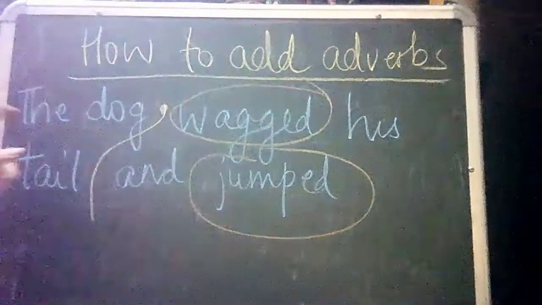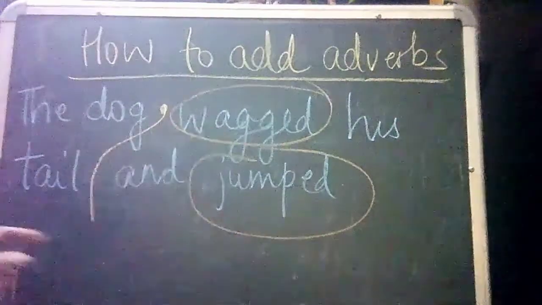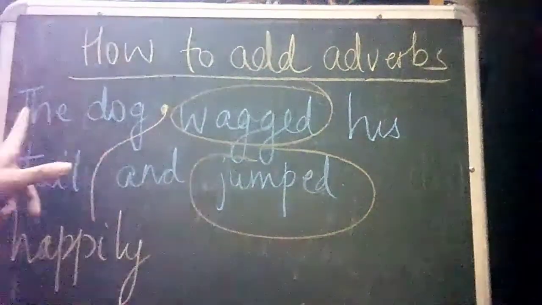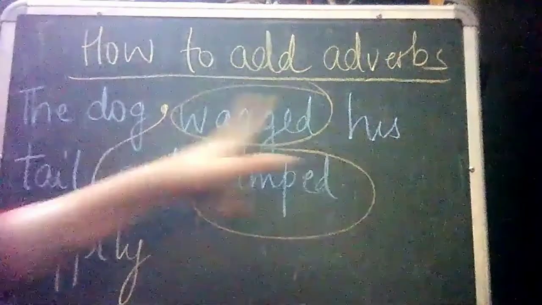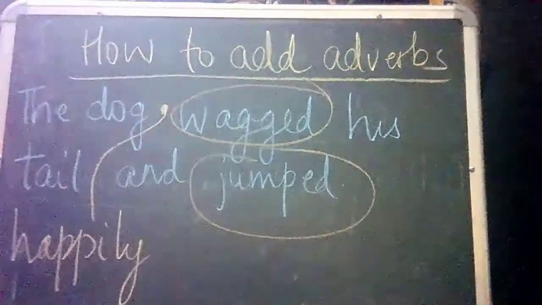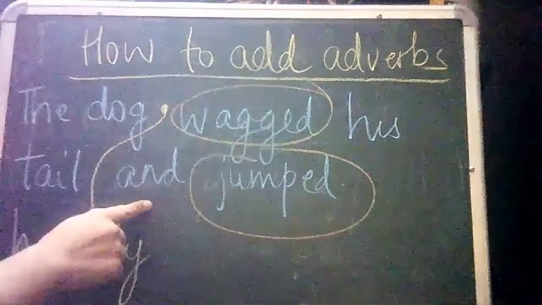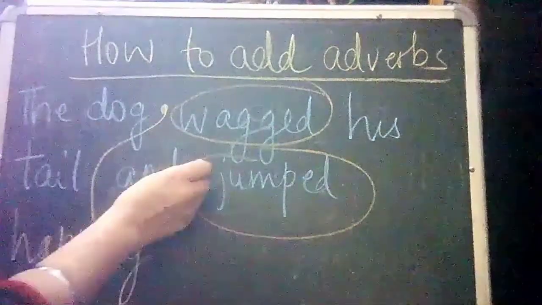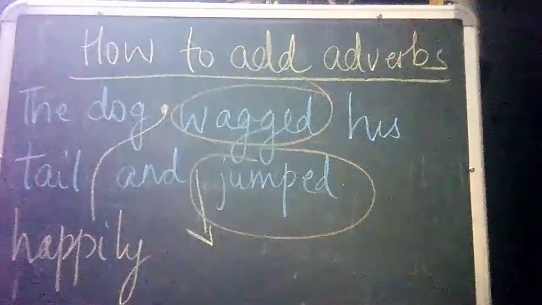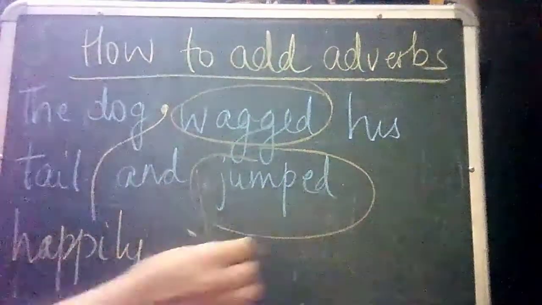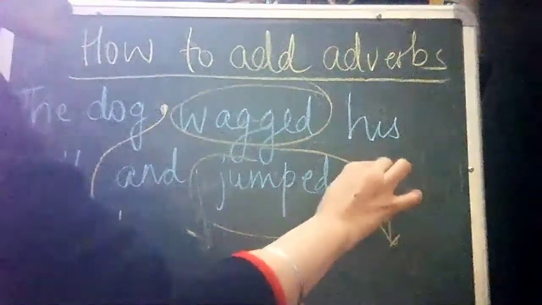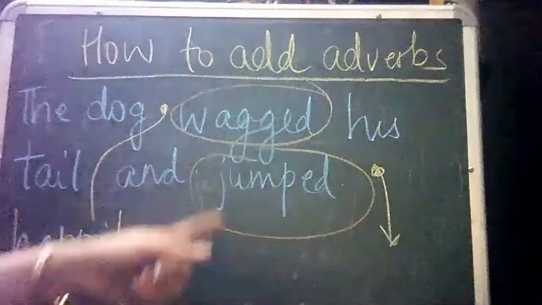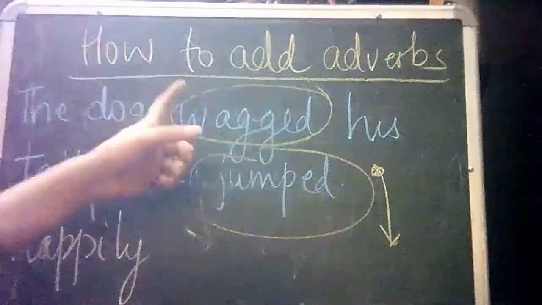The dog happily wagged his tail. Now the second question which I'm answering is, how did he jump? Jumped excitedly. No, not here. And excitedly jumped. No, it's not the appropriate position. And jumped excitedly. So I have to modify his action here.